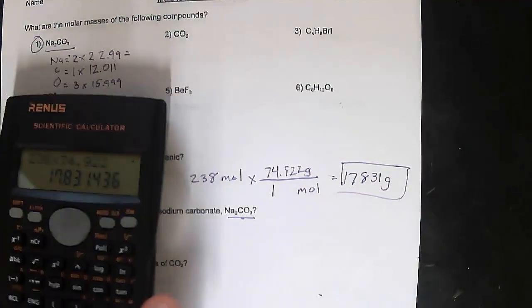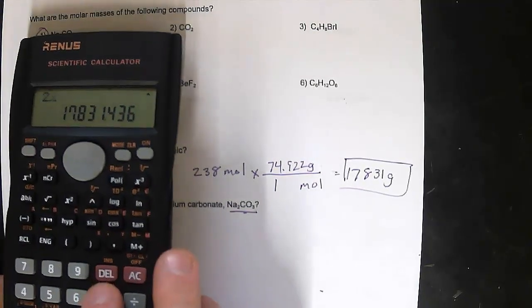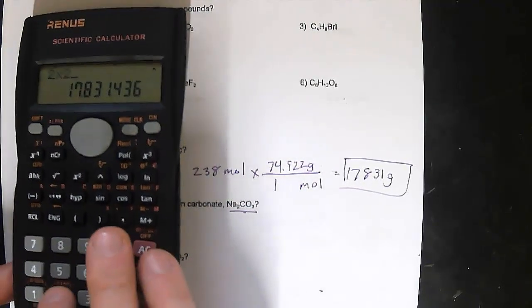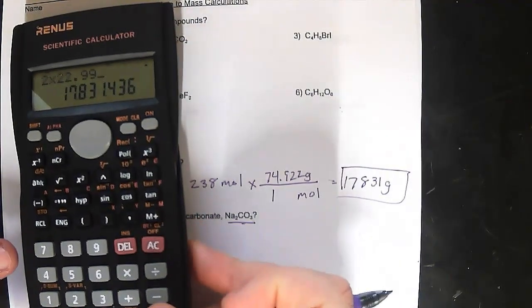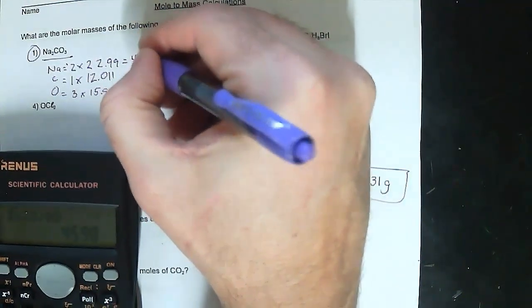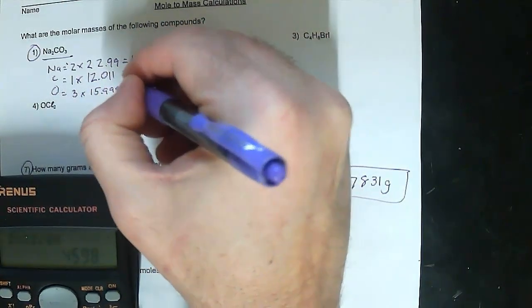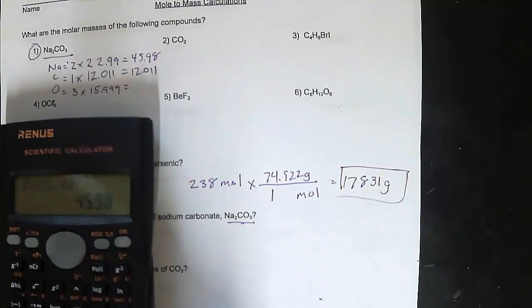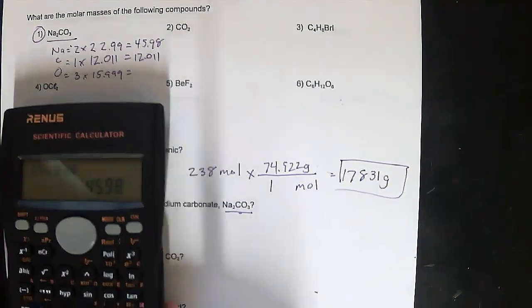So we're going to do 2 times 22.99. That equals 45.98. This is 12.011, and this is 15.999.